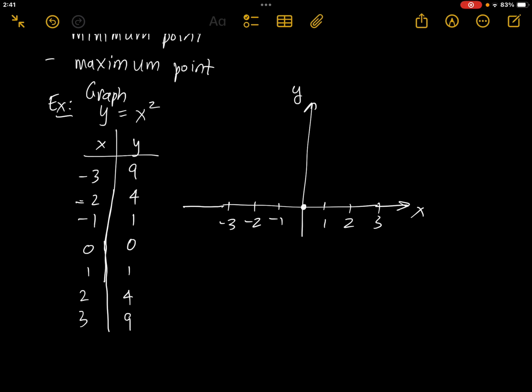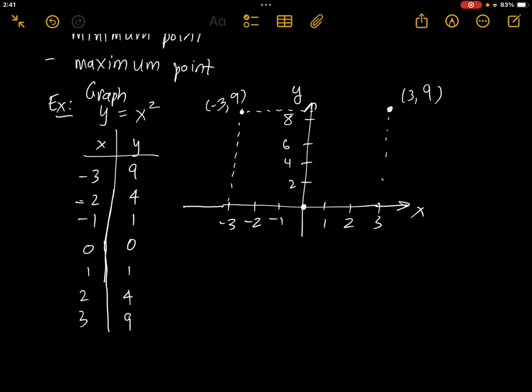And then maybe a scale of 2, because I want to get to 9. So if I do that, then I'll get to 9 on the top. So -3, 9 is maybe here. So that's -3, 9. And then I also have 3, 9. It's this point.